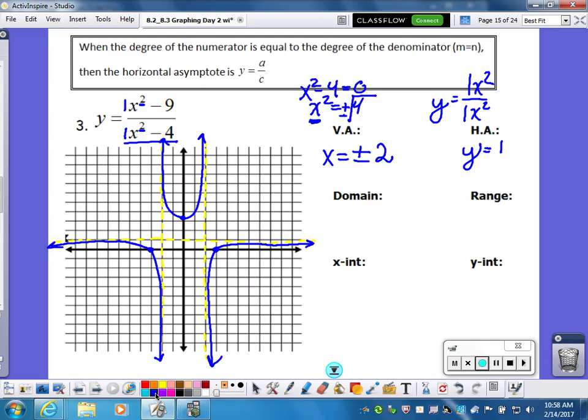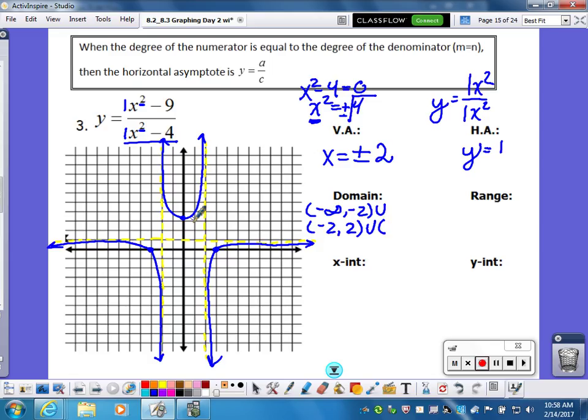So let's talk domain. On domain, we read left to right. So we've got two breaks in our domain. So we're going to go negative infinity to negative 2. Then we're going to pick back up at negative 2 to 2. That's this middle part.